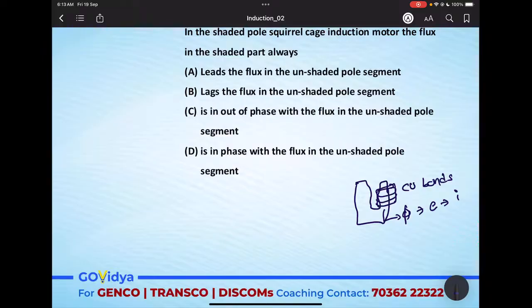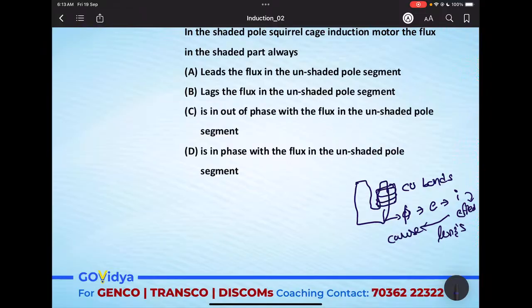So as per Lenz's law we might have studied, effect opposes the cause. What is the effect? Effect is the current. It will oppose the cause. What is the cause? Cause is flux. Here the effect is production of circulating currents in the copper bands, and the cause is flux, so it will oppose the flux.